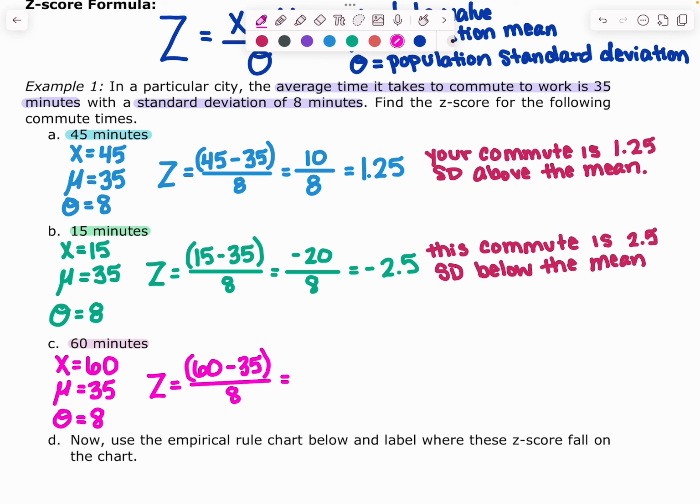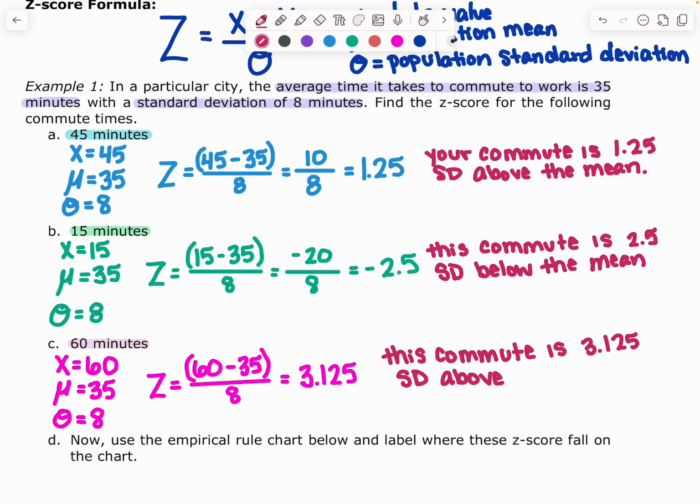I'm going to do this one all at once in my calculator. So parentheses 60 minus 35 parentheses divided by 8. 3.125. So this commute is 3.125 standard deviations above the mean.